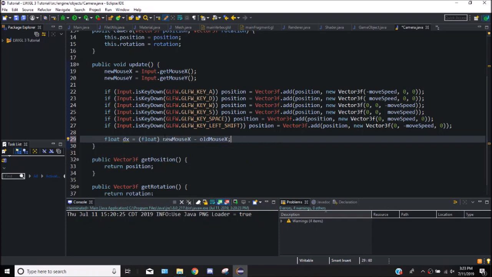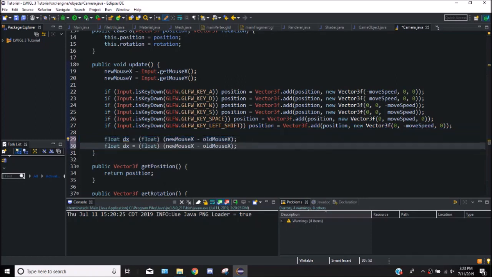I have to put parentheses around these. Okay, there we go. This gets the difference between the previous frame and the new frame, because we timed it at 60 frames, or it's going to try for 60 frames. And we can do the same for Y by just replacing all the X's with Y's.